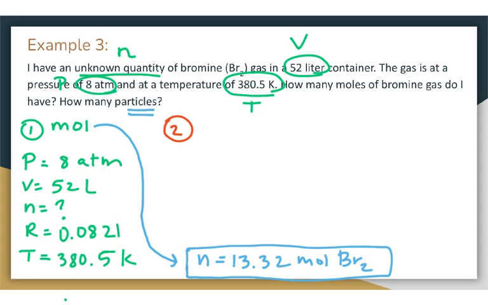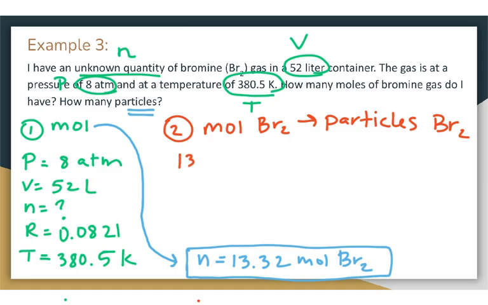So to find the number of particles, I'm going to take my moles of bromine to particles of bromine. And again, you can reference your stoichiometry chart. I have 13.32 moles.